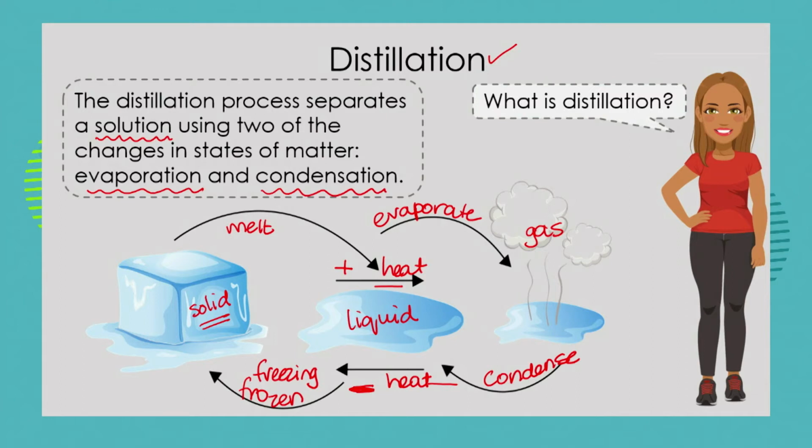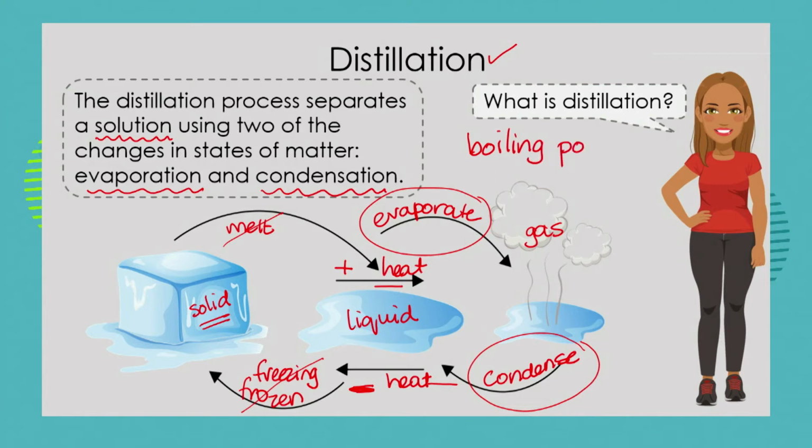Now, we're not going to be paying attention to the melting and the freezing processes of our state changes today. We're focusing on evaporation and condensation. And we're bringing another property of materials that we have already looked at, and that is boiling point.